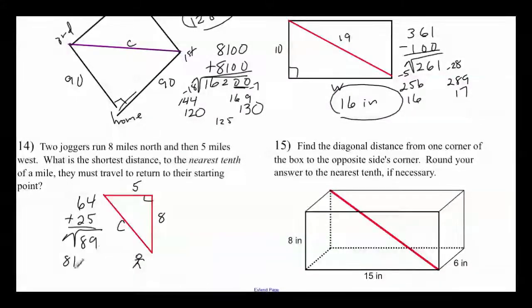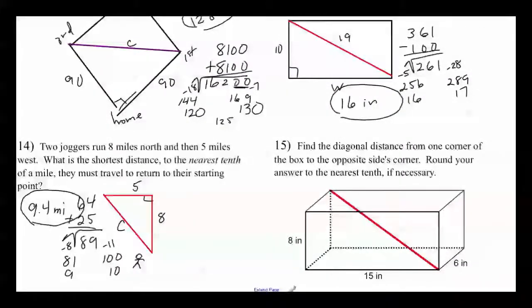So my square root would be between 9 and 10. Let me see, it's 8 away here. It's 11 away here. So it's pretty close to the middle, but it's a teeny bit closer to the 9. So probably 9.3 or 9.4, and that would be miles.